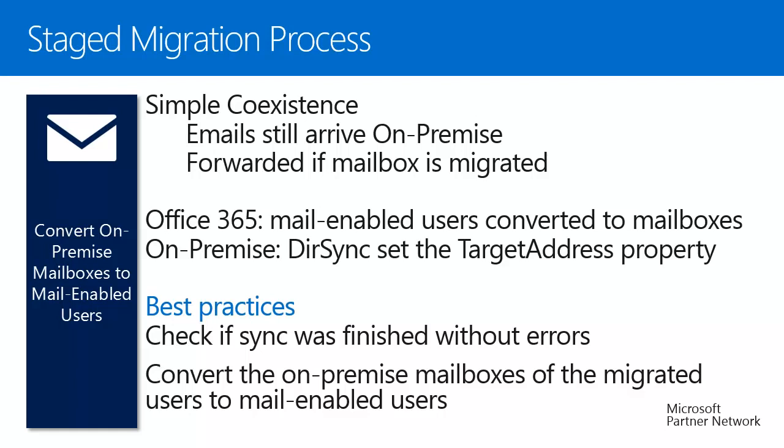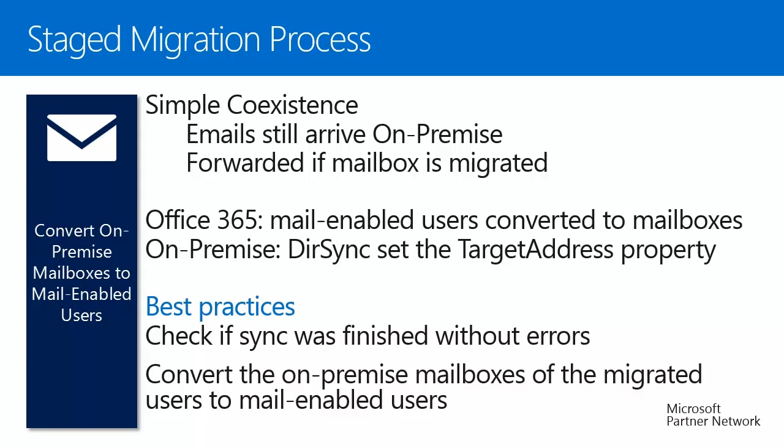But for those users who are migrated to the cloud, we set the target address property in the Active Directory, and this will send one copy of their inbound emails to their mailboxes. So right when they start to use their cloud mailboxes, this is not an issue, because the inbound emails land also in the cloud mailbox. This is also the reason why we need to implement the directory synchronization tool.